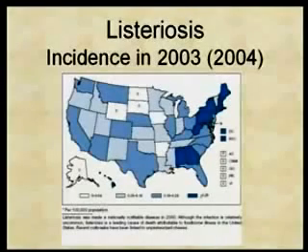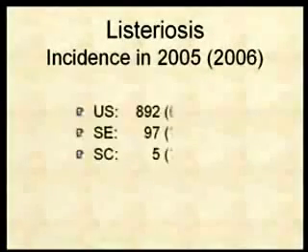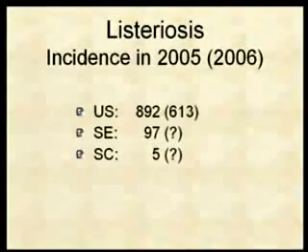It does not have a particular geographic distribution. If one looks at the cases, here's South Carolina. I could not find the data for this year, but last year there were 5 cases in South Carolina.